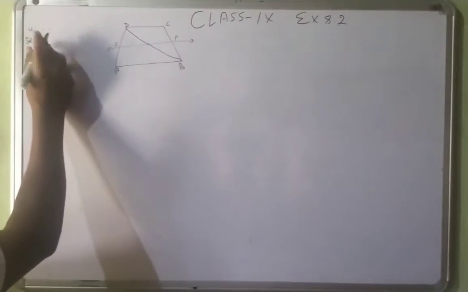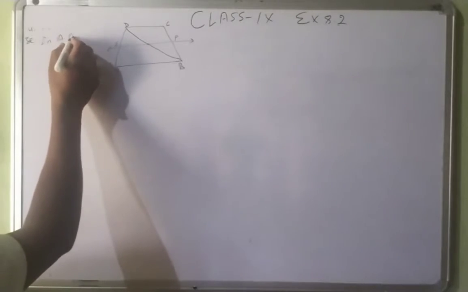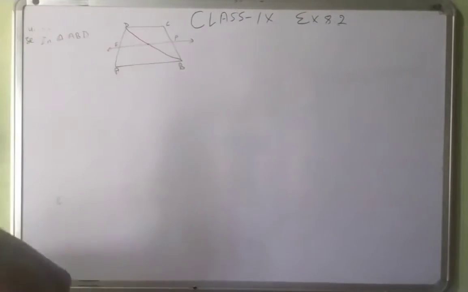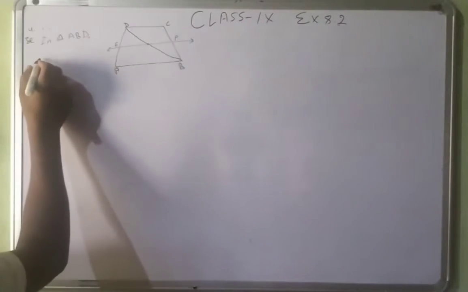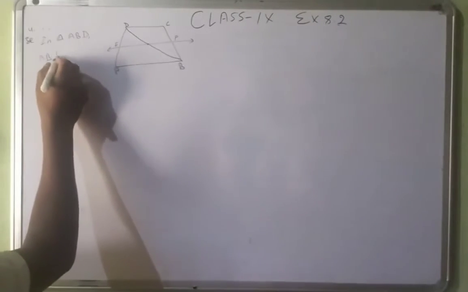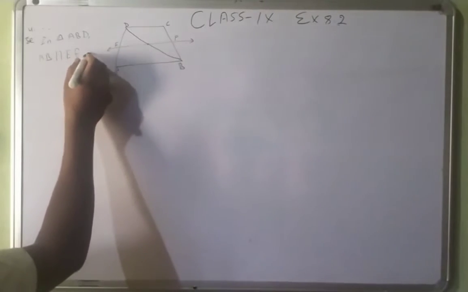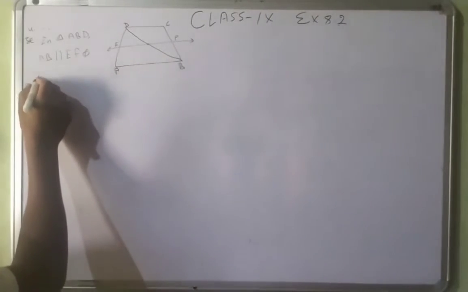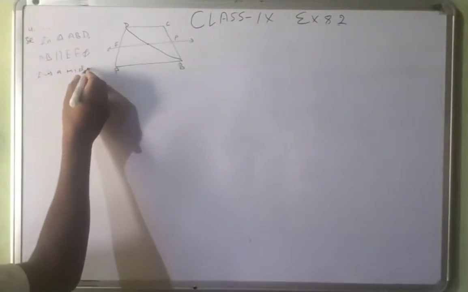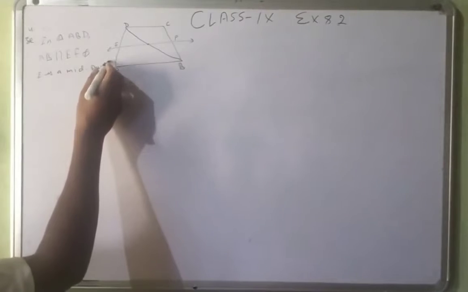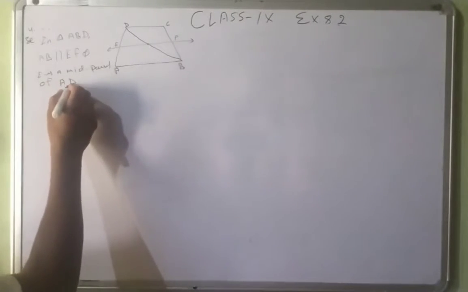Now in triangle ABD, AB is parallel to EF, and E is the midpoint of AD.